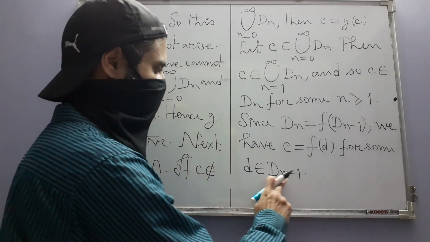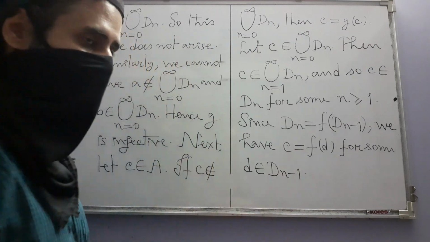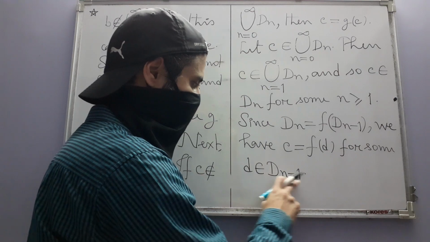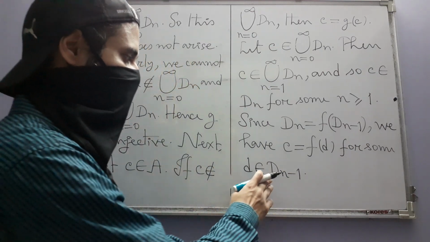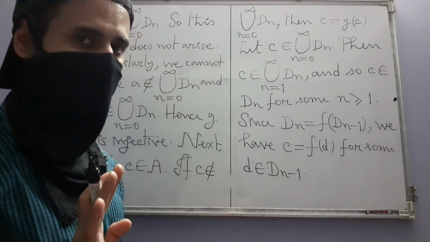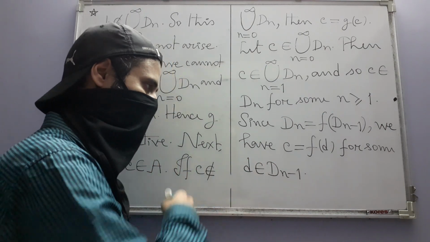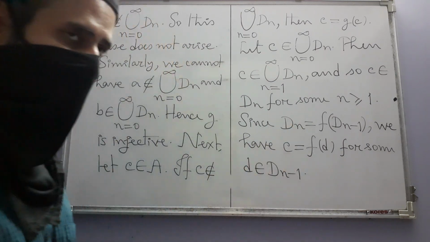Now whatever Dn minus 1 is, it is after all a subset of B. The D's where the suffix values are positive are subsets of A, but D0 is not. But that is not a problem, because all the D's are subsets of B. So this D is coming from B.